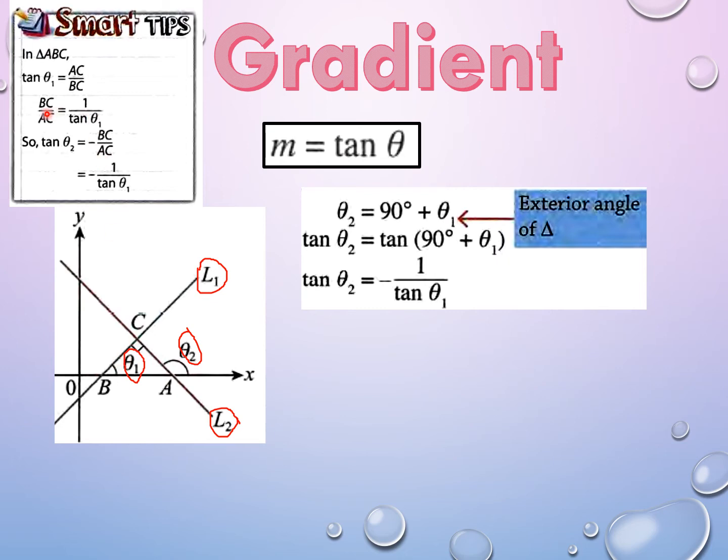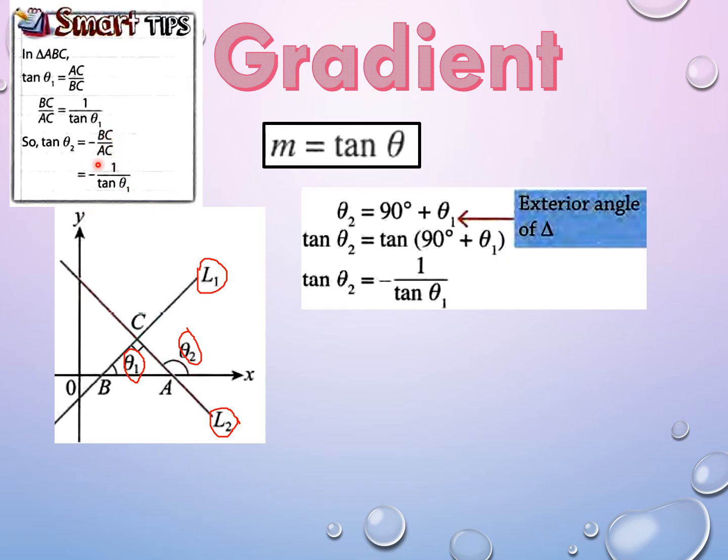Then if I flip it over, BC over AC, it will become 1 over tangent theta 1. When we have theta 2 over here, which is an obtuse angle, if you do the triangle, you will get negative BC over AC.